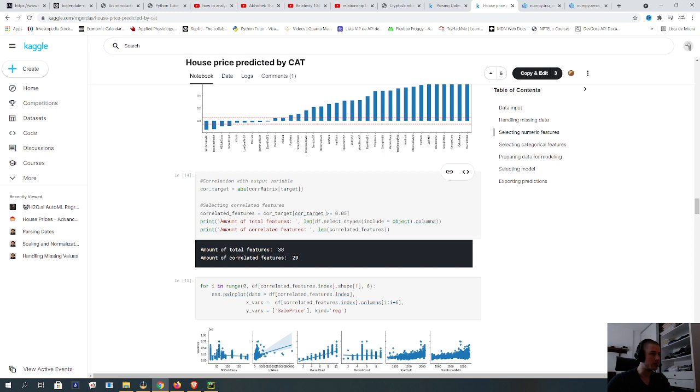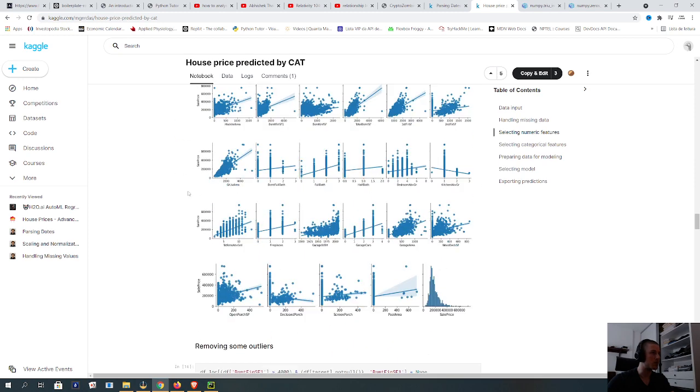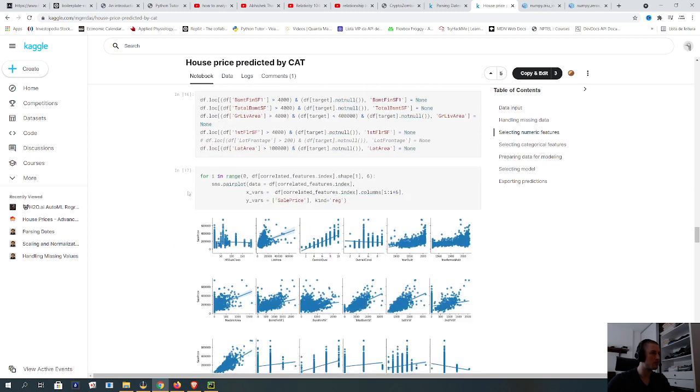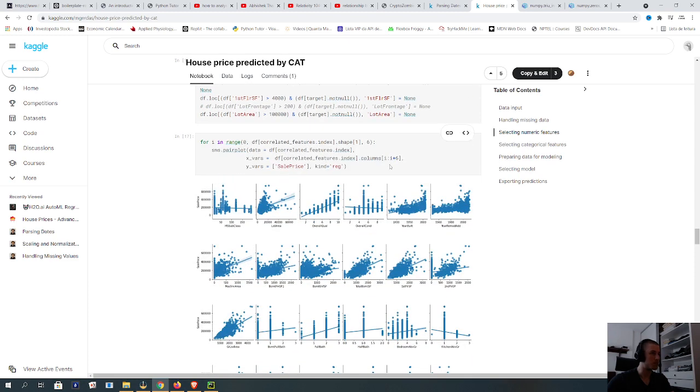And then here it's filtering for those that have more than 0.05 correlation. This is what correlated features is. Then he's getting the index and the rows 0 to 6, which I guess is the first 6.